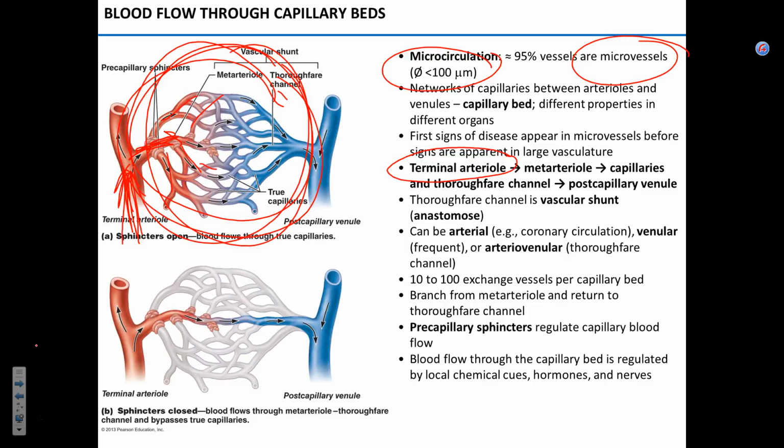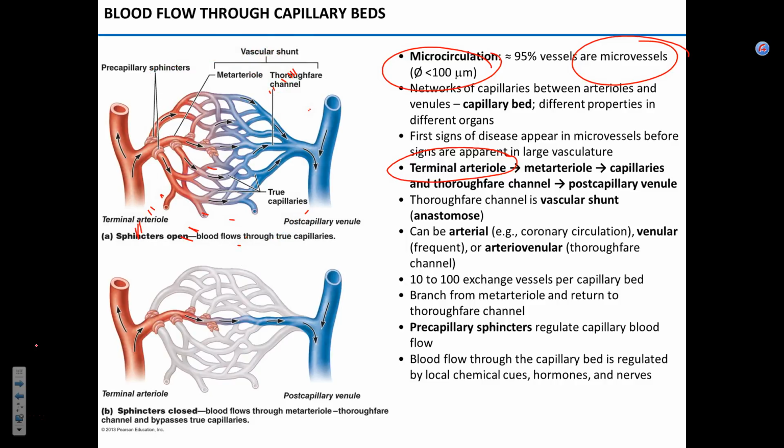The blood flow through the capillaries is regulated by structures at the beginning of each capillary that are called capillary sphincters. You see sphincters right here. So when a sphincter closes, it blocks flow through the specific capillary. Does that make sense?